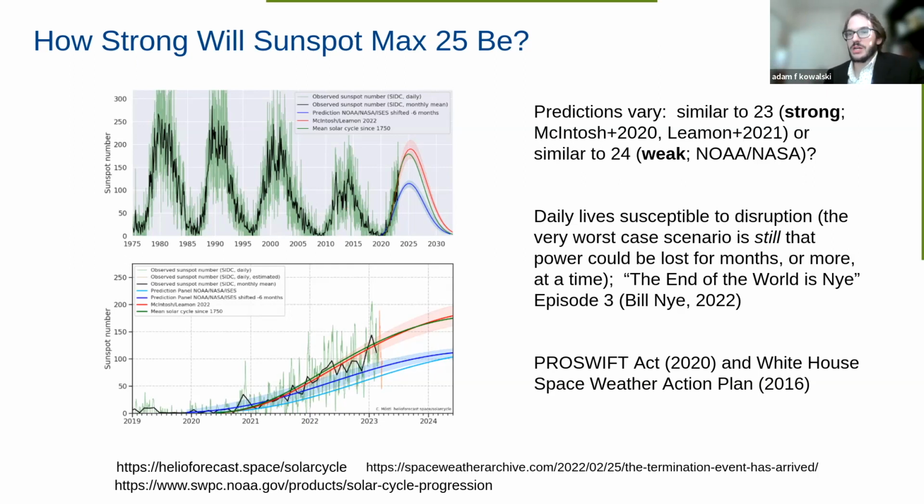We're already starting to see a lot of flare activity, and it may be more active than the original prediction by NOAA and NASA. So NOAA and NASA originally predicted it to be one of the most tame solar maxima in recorded history. And then a new technique was published, which is a more empirical technique of predicting the next solar maximum.